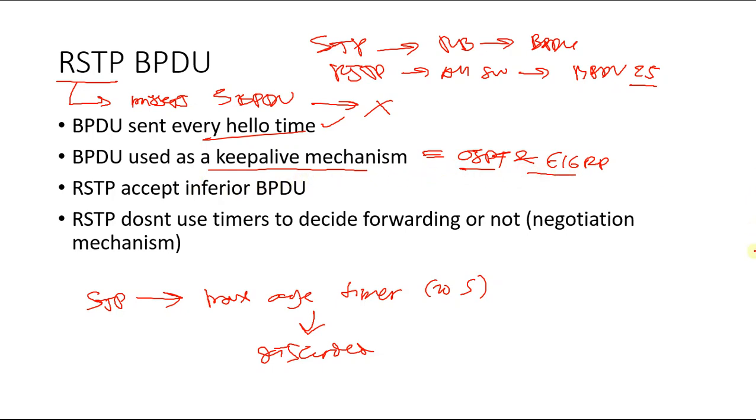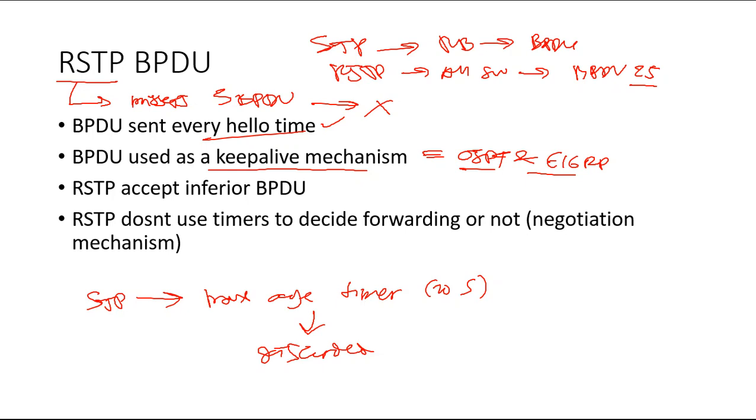And then the next interesting point is that RSTP will accept inferior BPDUs. This is the opposite of STP, because STP will ignore the inferior BPDU.